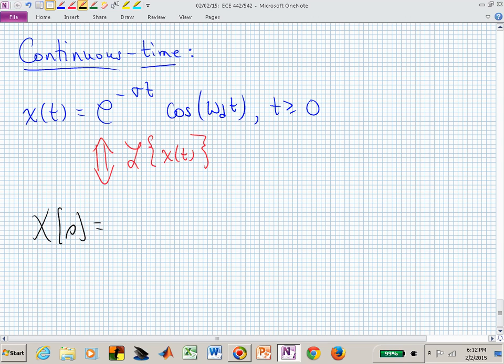And for those of you that had me in 441, I may call on you, because I'm really giving you a big hint with sigma and omega sub d relative to where we were plotting those in the S-plane. So I'm hoping that eventually you'll get comfortable that when you see that in the time domain, you immediately start to see the poles in the complex S-plane.